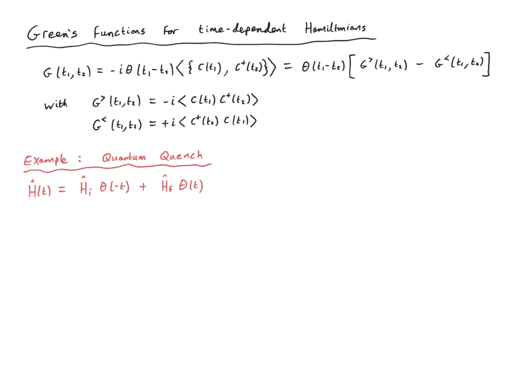This is a paradigmatic situation where the total Hamiltonian h of t on the left here has an explicit time dependence. It is, however, a simple example of time dependence because we go from an initial Hamiltonian, which is some static time-independent Hamiltonian hi, to some final static Hamiltonian hf.